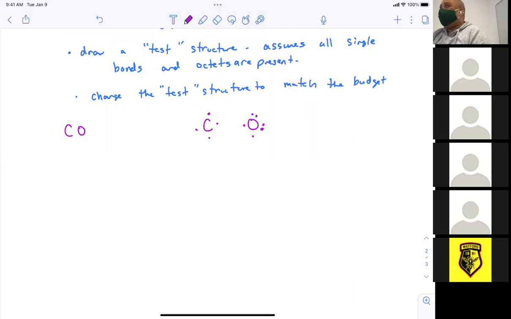And you've been told, oh, I need a pair of unpaired electrons. Okay, that's fine. 1, 2. And you end up getting a structure like this. But that's wrong. That's not the right structure for carbon monoxide. And so this is an example of where drawing valence electrons doesn't always work. Now, if you do my method, it will get you the right structure because of this.